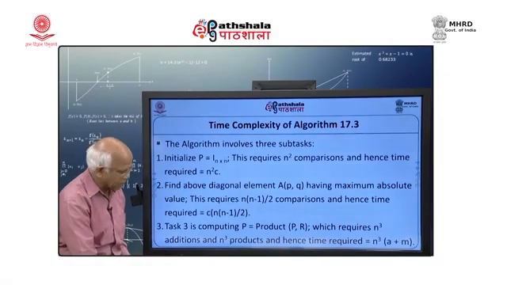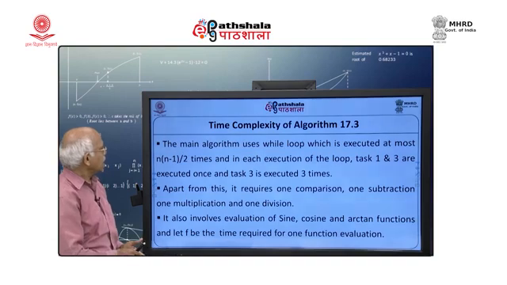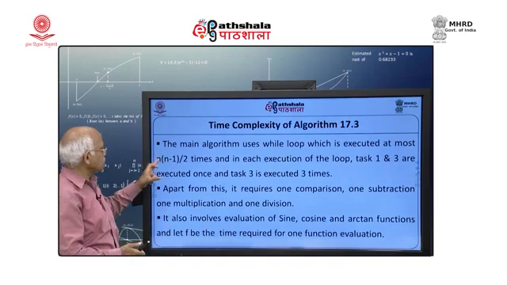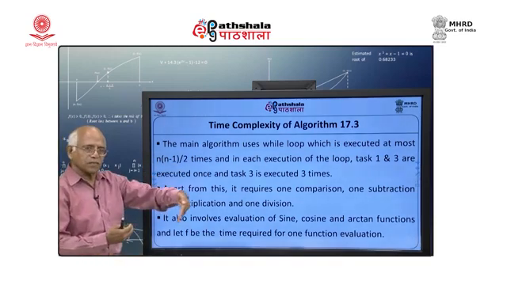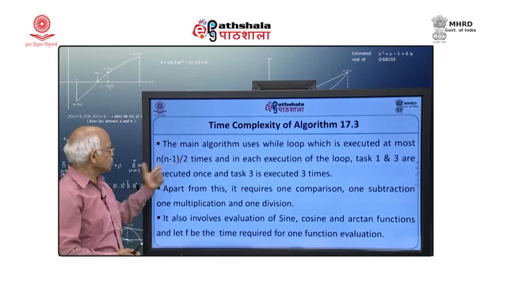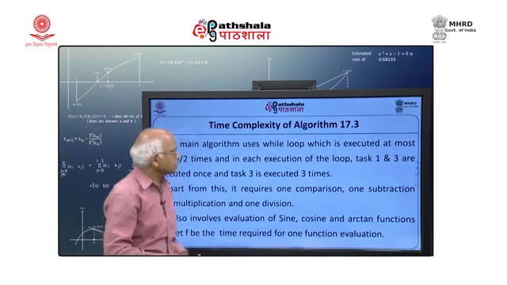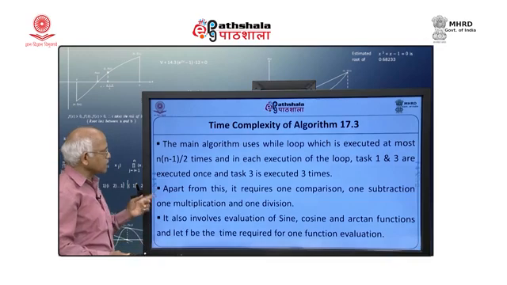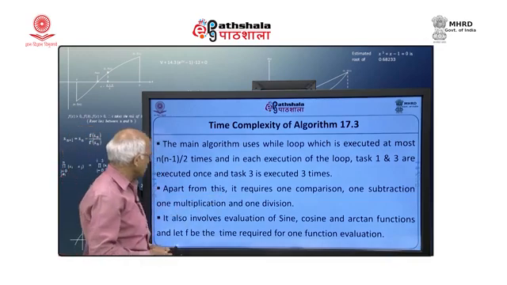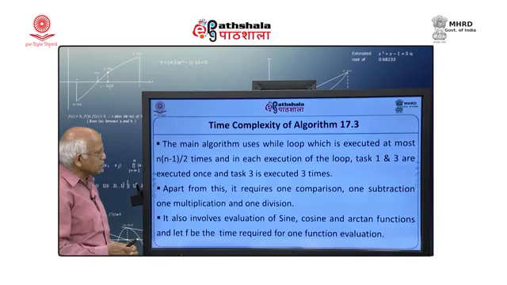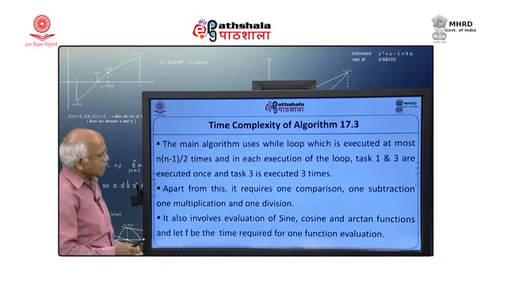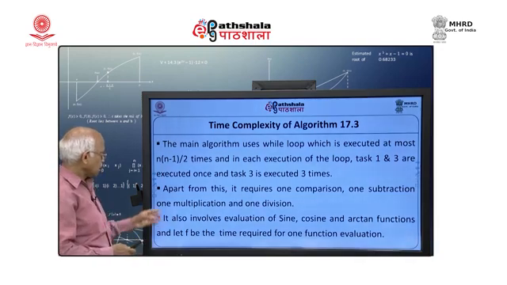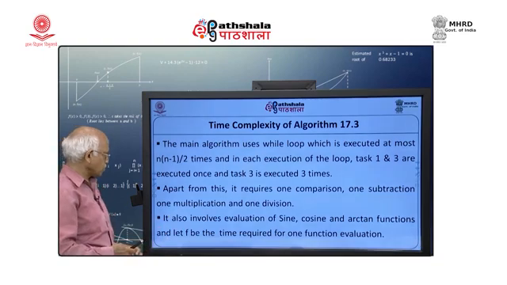The main algorithm uses a while loop, which is executed at most n into n minus 1 by 2 times, because the upper diagonal elements are only this many. In each execution of the loop, the tasks are executed, and apart from this it requires 1 comparison, 1 subtraction, 1 multiplication and 1 division operation.